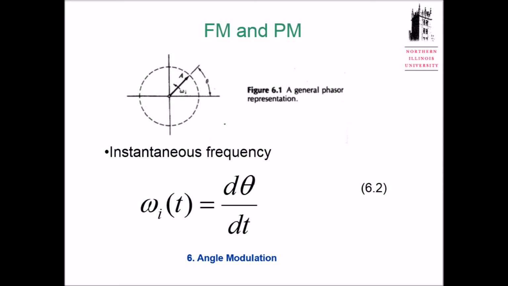If this is a phasor, we have amplitude, phase angle, and how fast it rotates will be my frequency. This one is important. We are going to have an example using this equation. Problems, questions?